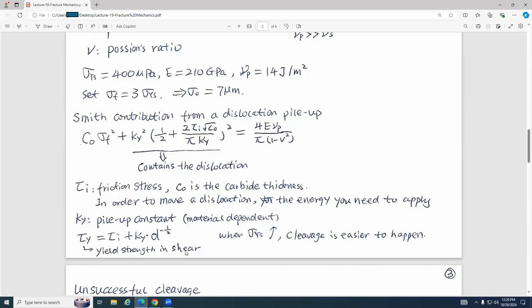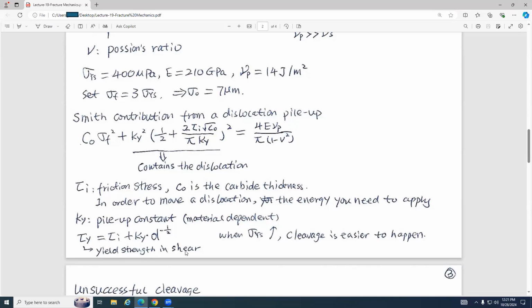Based on this equation, what conclusion can you get? Can somebody tell me how this tau y depends on d, Bobby? What's the relationship between the average grain diameter and tau y? It's inversely related, with a square root. Inverse means the more refined the grains, usually the higher the yield strength.